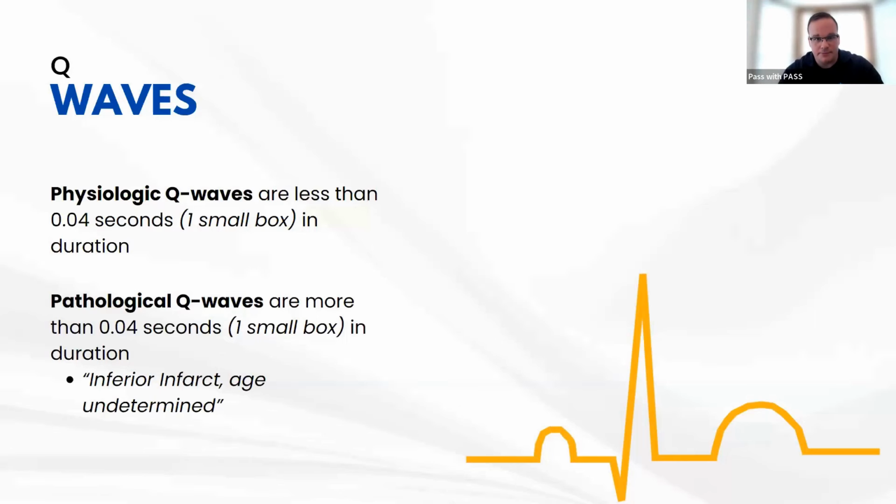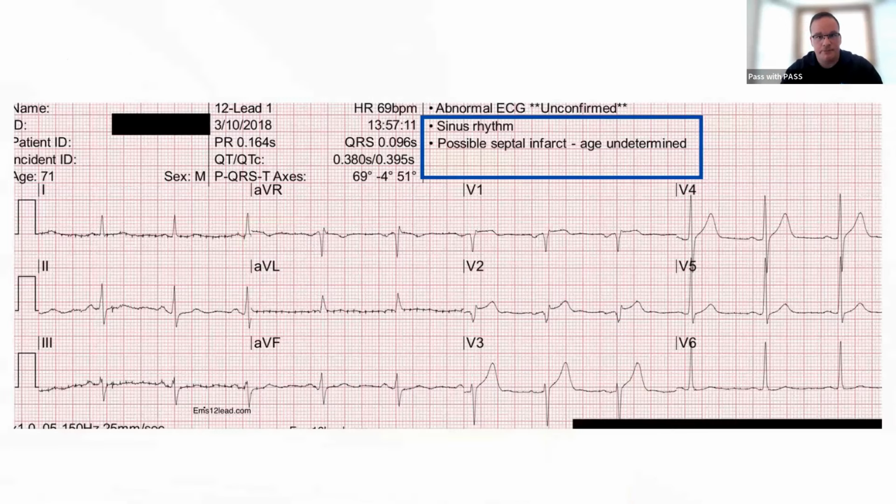So for example, if it says inferior infarct, age undetermined, what it's actually picking up on are pathological Q waves, so Q waves that are greater than 0.04 seconds or 1 small box in the inferior leads. So in 2, 3, or AVF. It doesn't necessarily have to be all of them.